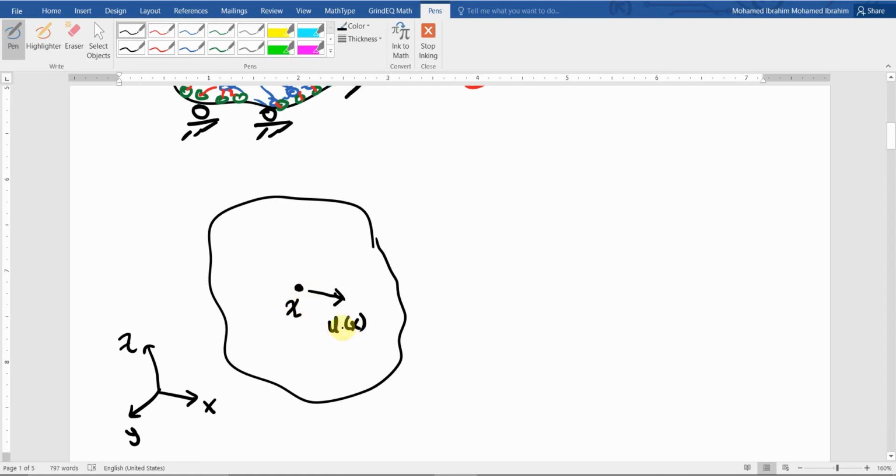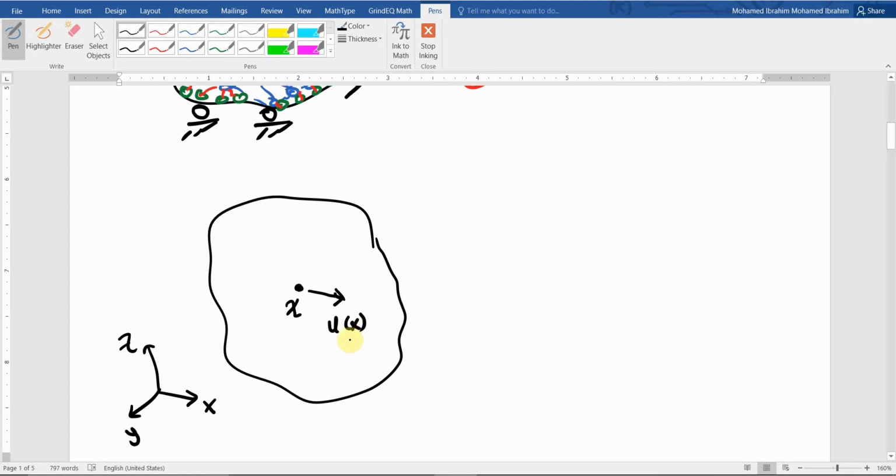This particle is going to move with a displacement u of x due to some external forces. This is the concept of mechanics. Mechanics is to estimate or calculate how much u of x is, how much the displacement of any point that belongs to a continuum is, due to some external forces. This is simply what mechanics means, okay?